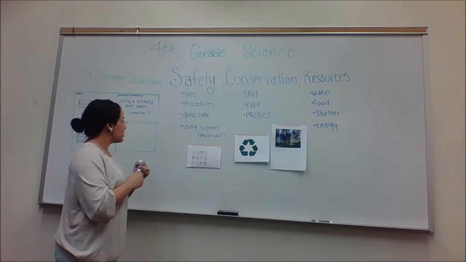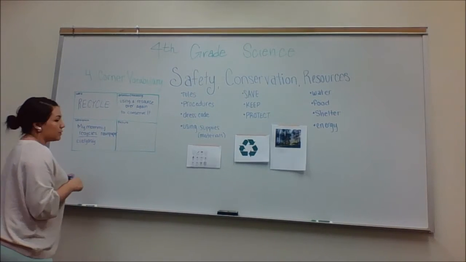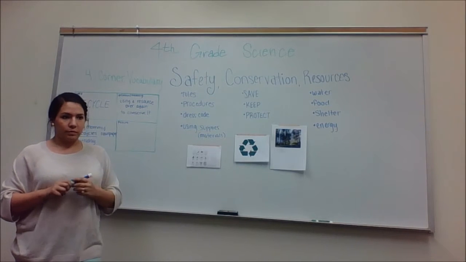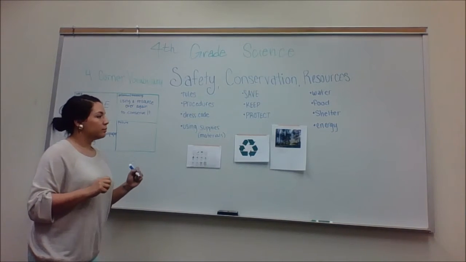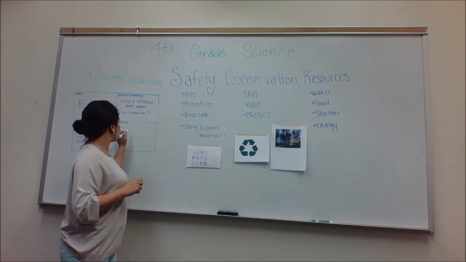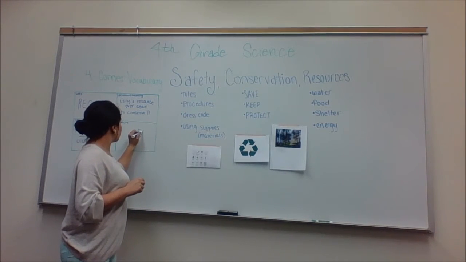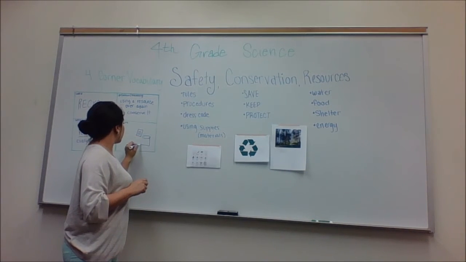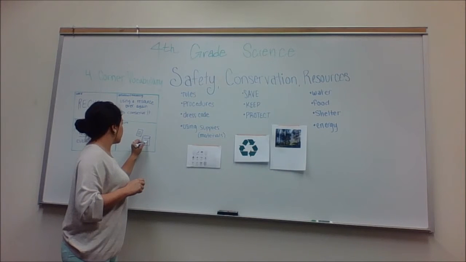So, if your sentence is, my mommy recycles newspaper every day, what could your picture be? He could draw a picture of their mom putting paper in a recycle box. Okay. Anyone else? Anyone else have ideas?